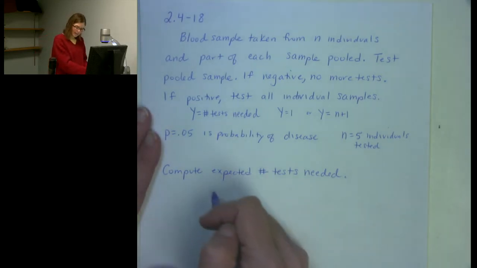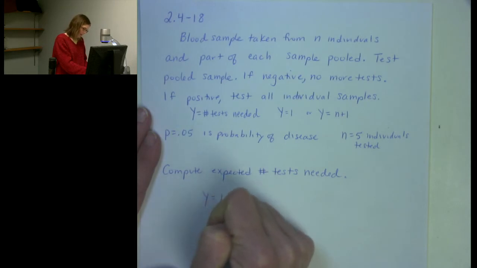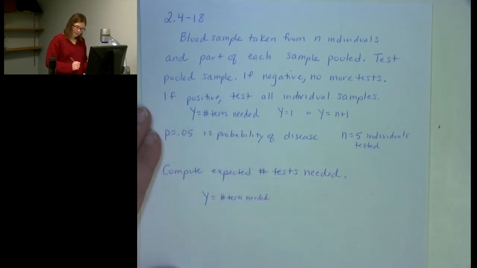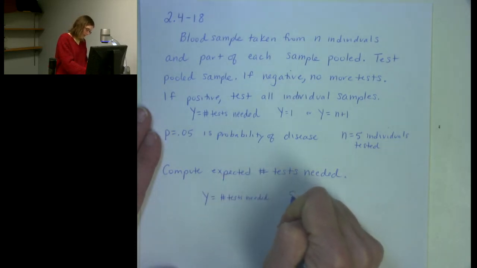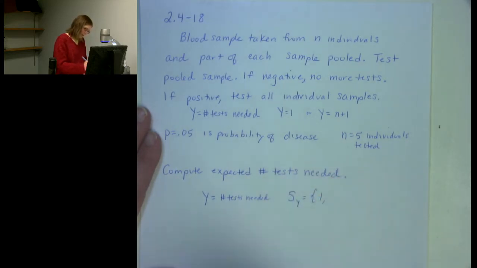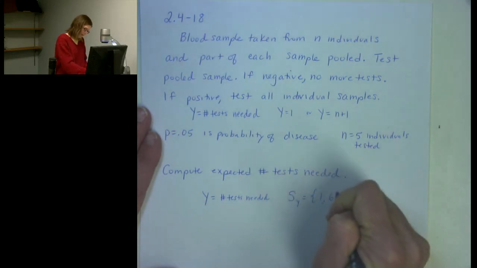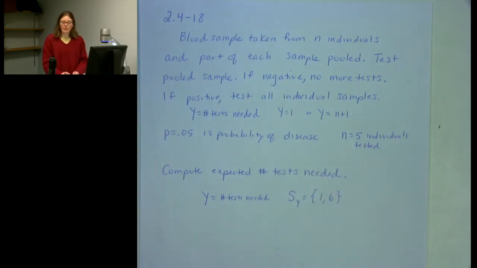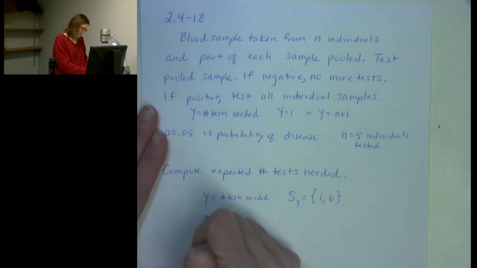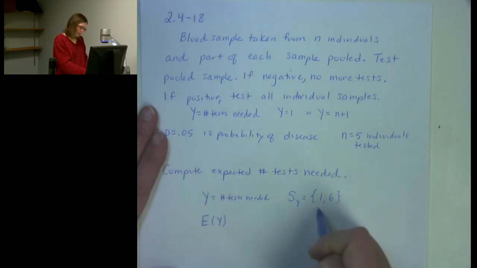Again, if Y is the number of tests needed, the support of Y is 1 and 6, since 5 plus 1 is 6, so there could be either 1 test or 6 tests done. To find the expected value of Y, we need the probability that Y takes on each of these two values.